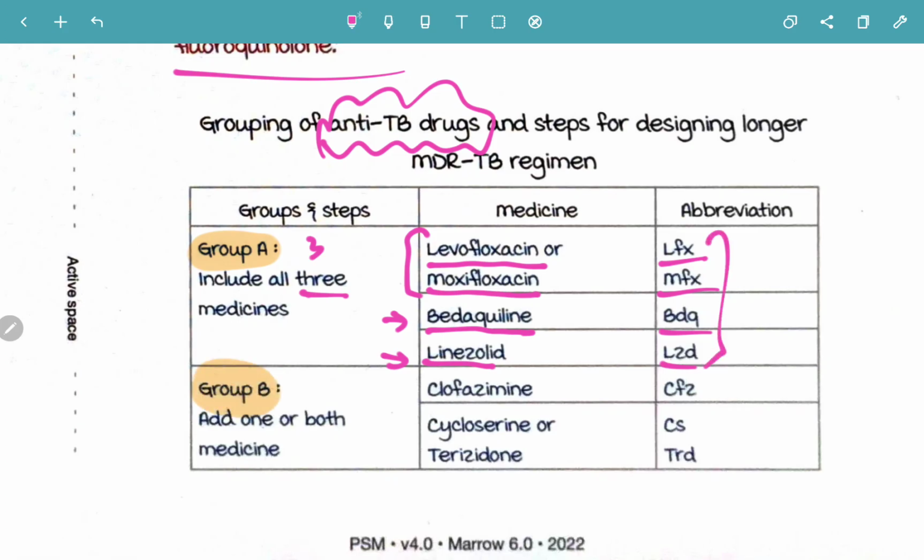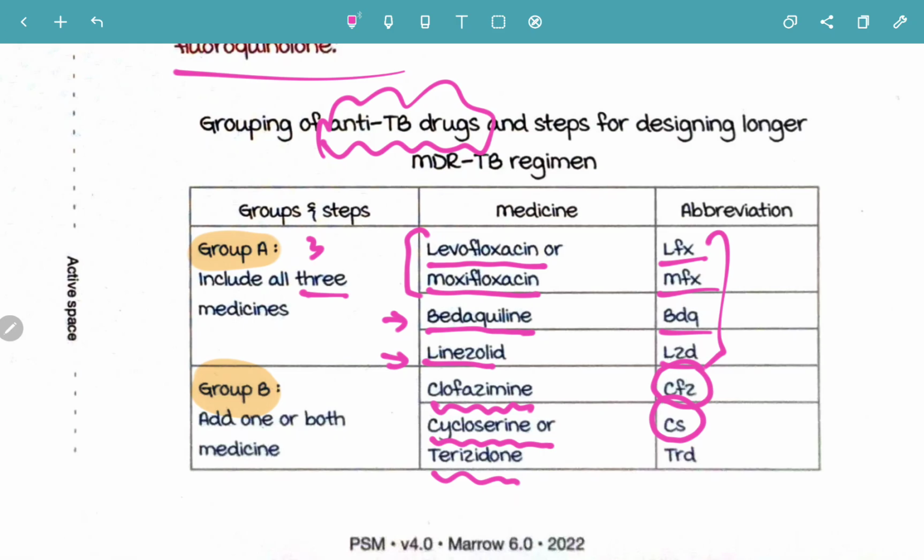So what do you mean by group B drugs? For group B drugs, you need to add one or both medicines. Group B drugs include clofazimine, cycloserine or terizidone. CS stands for cycloserine.